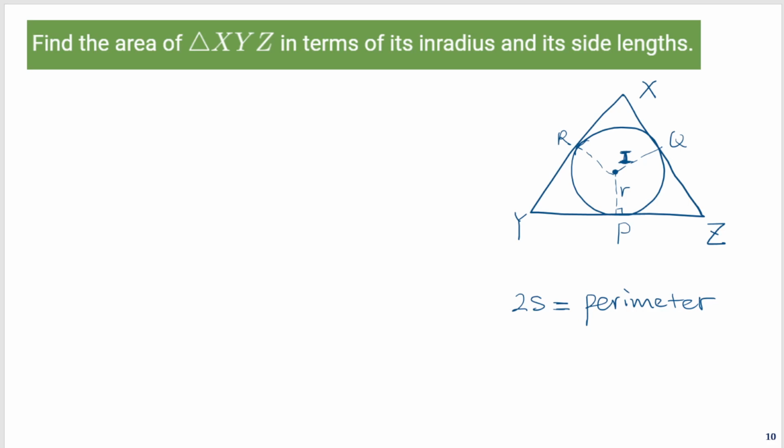So if you are given that the perimeter of the triangle is 2s and the inradius is R, can you find the area of XYZ in terms of R and S?